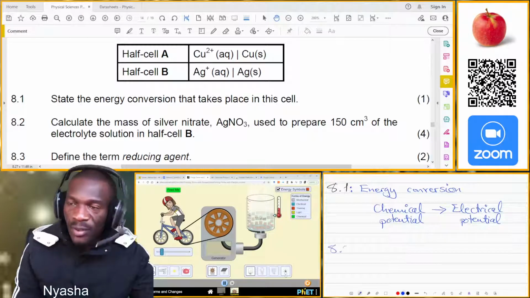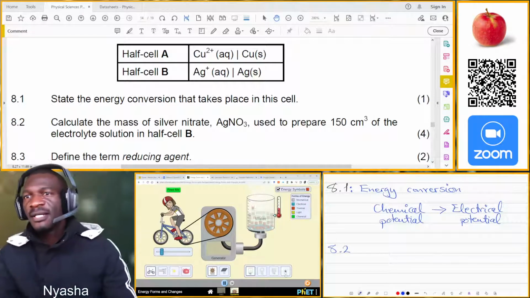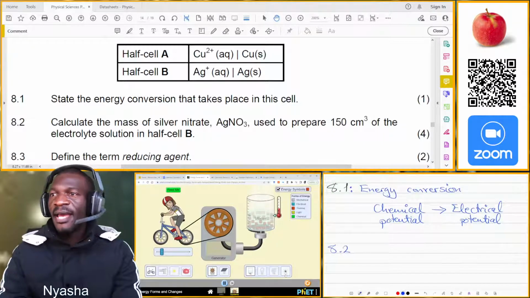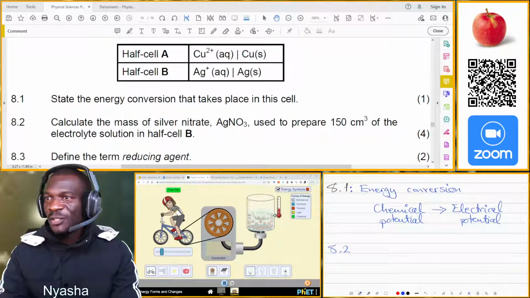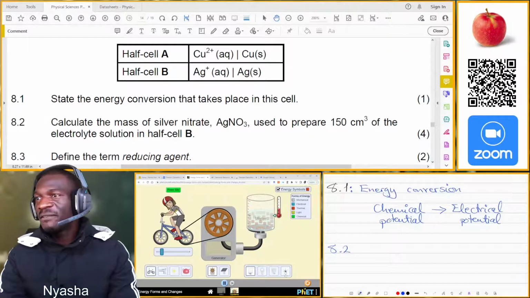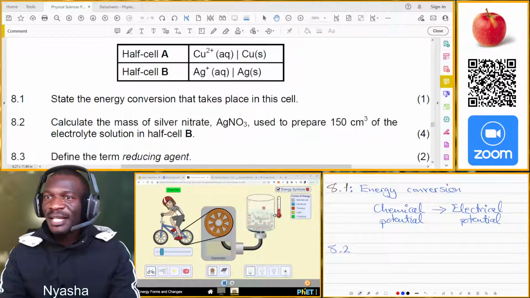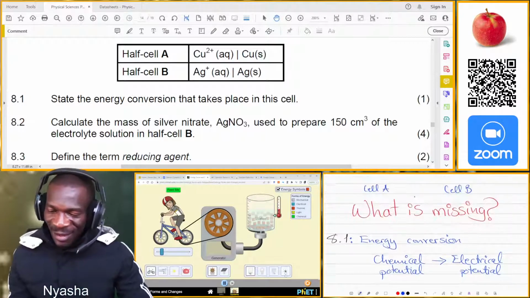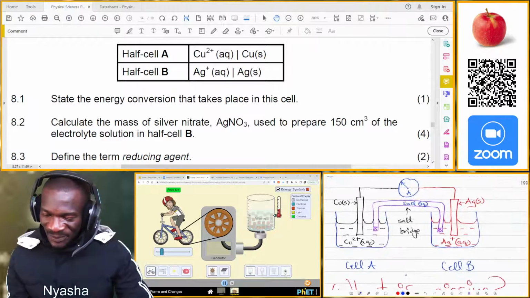Question number 8.2. The question reads, calculate the mass of silver nitrate, AgNO3, used to prepare 150 cubic centimeters of the electrolyte solution in half cell B. We've been given some information.